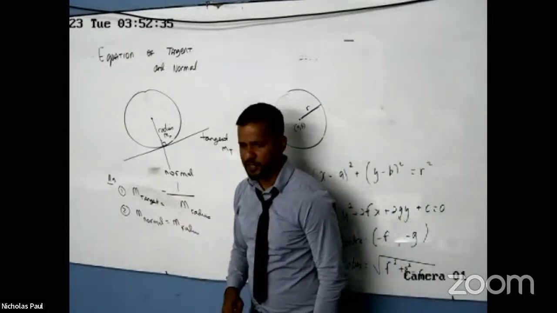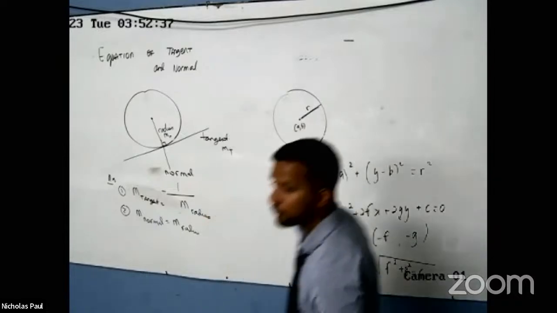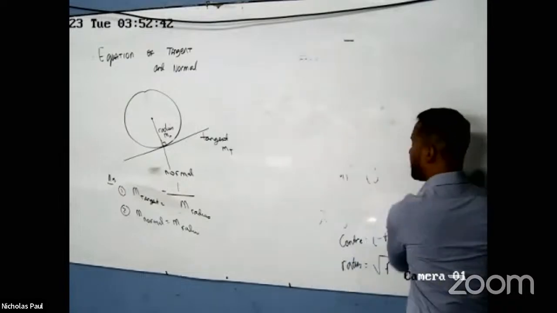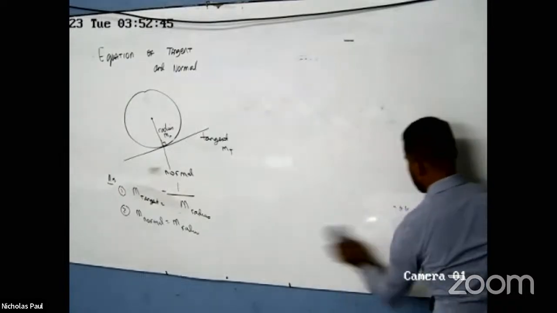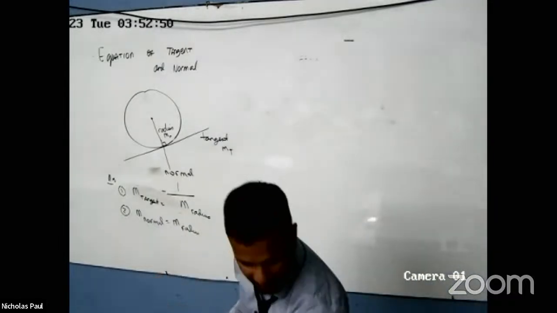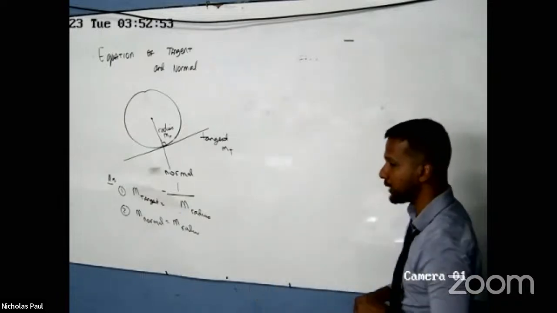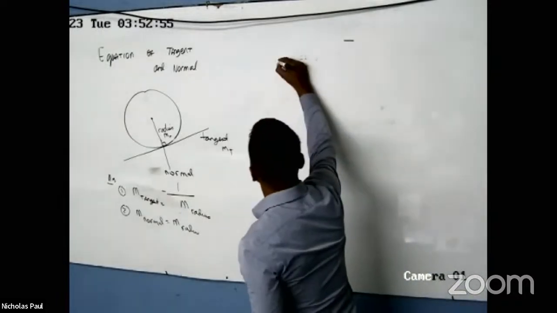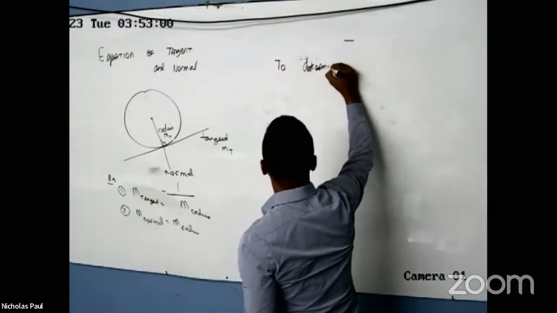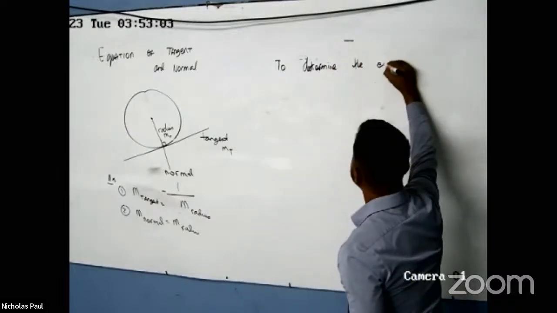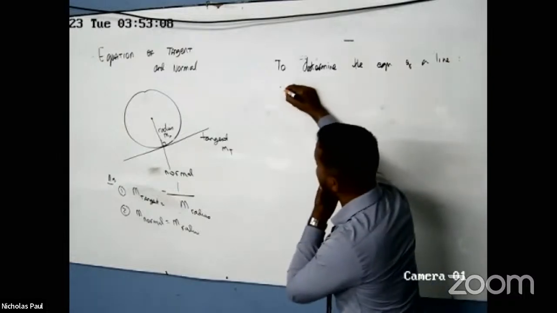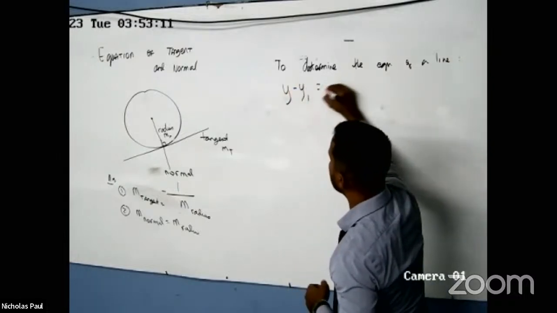How do we find the equation of a line again? y is equal to mx plus c, or you can do y minus y1 is equal to m times x minus x1.